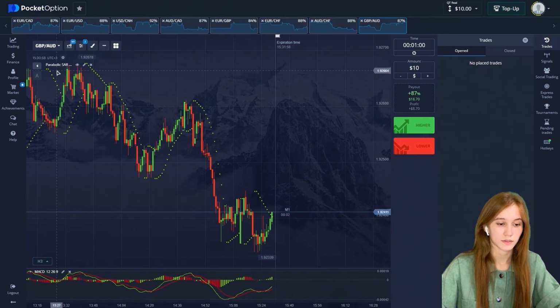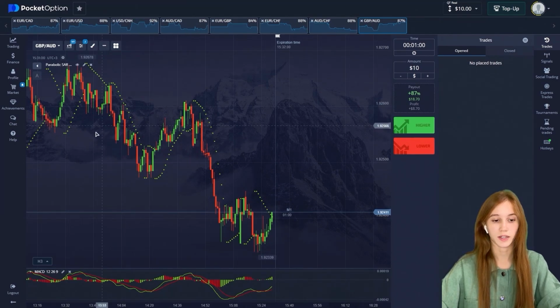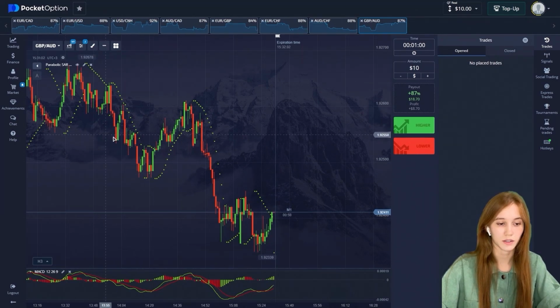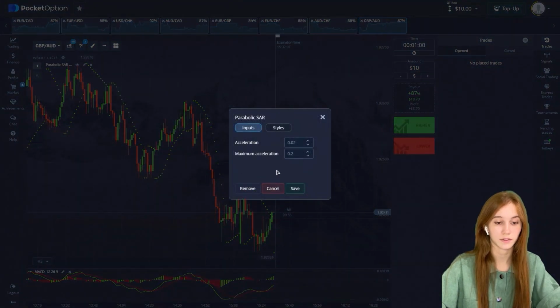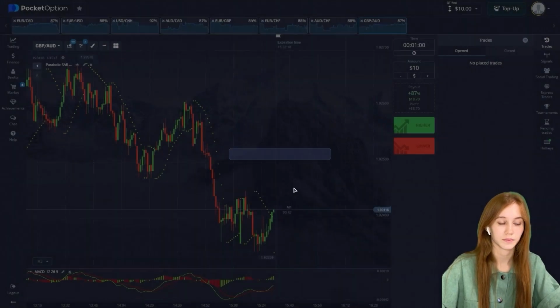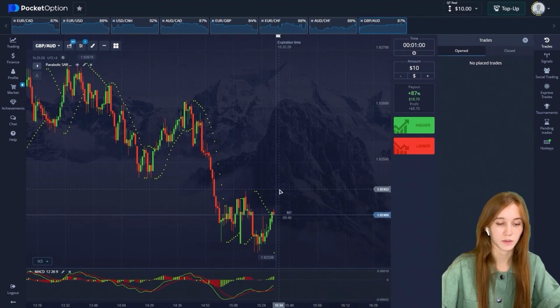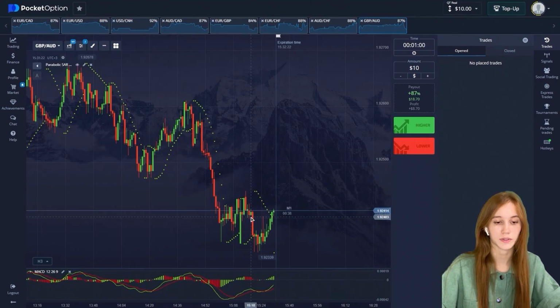So let me tell you about indicators. The first one, you see it on my screen, its parameters. You can copy it and use it. So parabolic strives to recognize the right moments when the current position should be closed and the opposite one opened accordingly.